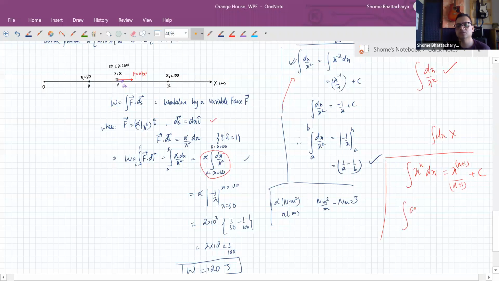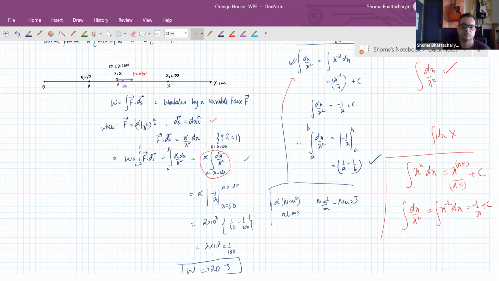So here it is what integration of this, that is integration of x to the power minus 2 dx. So that is minus 1 by x.